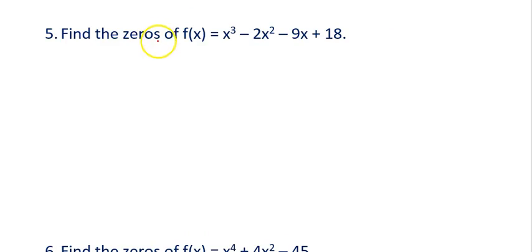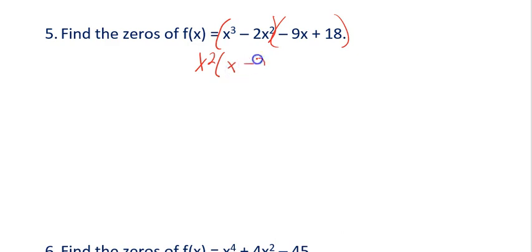Okay, example 5, we're going to be finding the zeros of this, and we have to do a little more work. It's not factored for us. This one, because it has 4 pieces, is factored by grouping, which you may not have done in a while, but you group the first 2 together, group the second 2 together, and then you take out a GCF. So in the first section, x cubed and negative 2x squared have x squared in common.